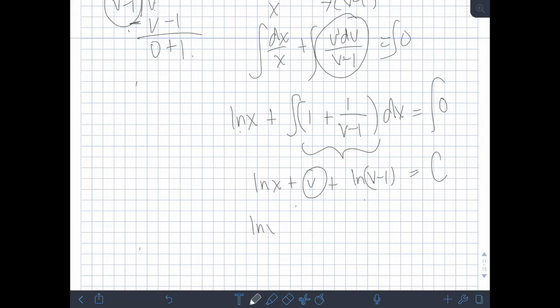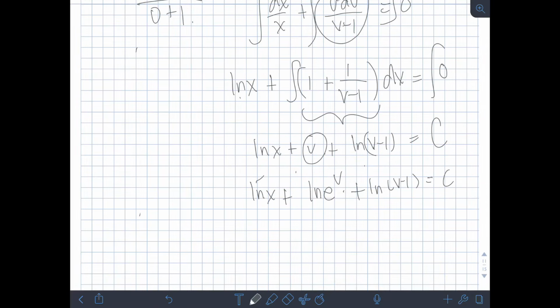Paano? So, we have ln x plus ln e raised to v, right? Kasi ln e makakancel lang, equal siya sa v. So, pwede natin i-represent tong v as dito. So, ginawa ko lang siyang in terms of ln din para makombine natin dito sa ln x saka ln v minus 1. So, para ma-simplify yung form natin. Okay? Then, plus ln v minus 1 equals c.